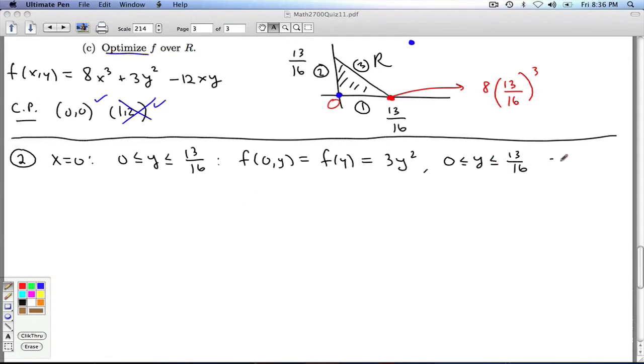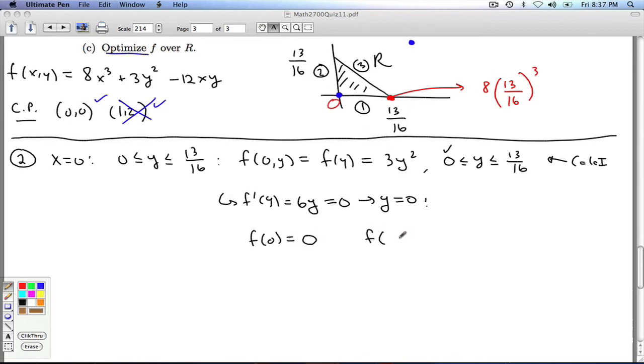So I go ahead and do my Calc 1. So I do f prime of y is 6y. This always exists. I set equal to 0. I get y equals 0, which is one of my endpoints. So I look at f of 0. I get 0. I look at f of 13/16, and I get 3 times 13/16 squared.